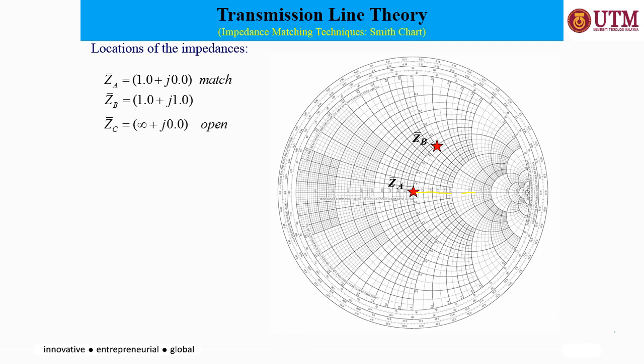And then ZC, if the real value is infinity, it is an open circuit, where the load impedance is infinity. And if you have a short circuit, the load impedance is 0.